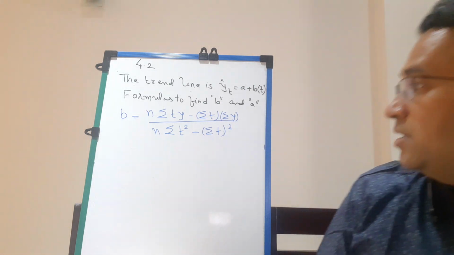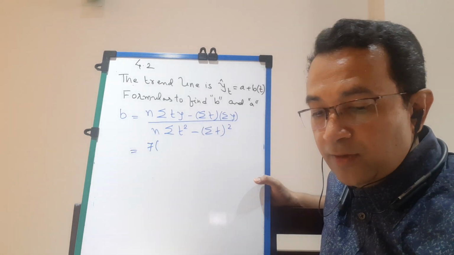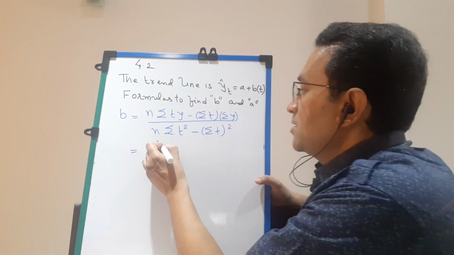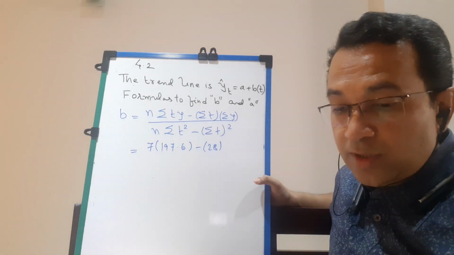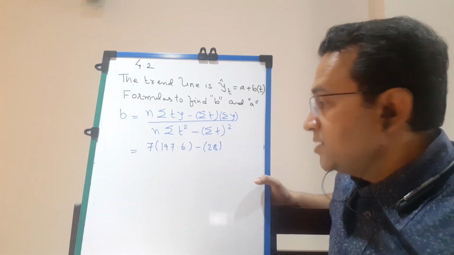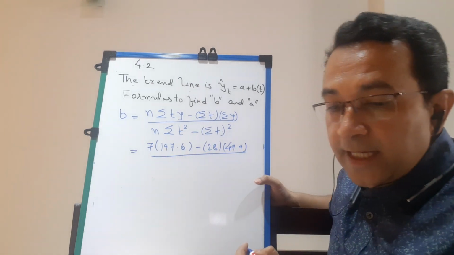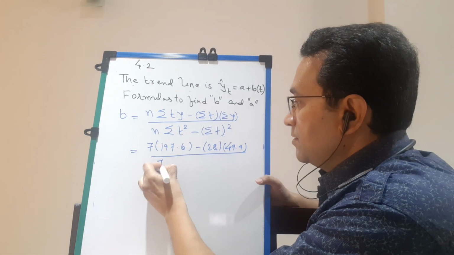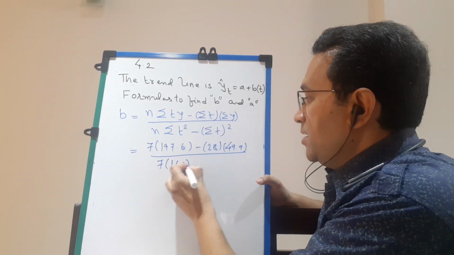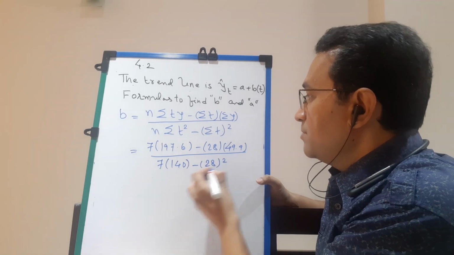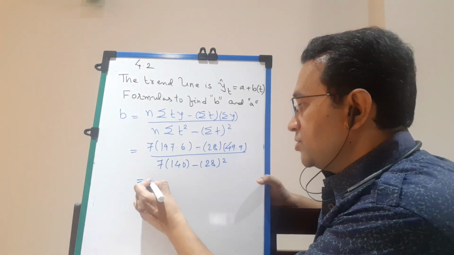So substituting the values, n is 7, total of ty was 197.6, minus sigma t was 28, sigma y is 49.9. N is set. Then sigma t square is 140 minus sigma t the whole square. Simplifying this, students, we get the answer of b as minus 0.07.